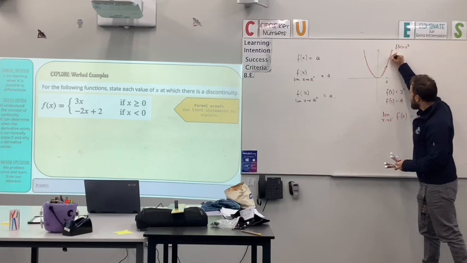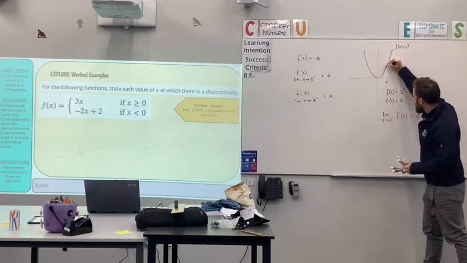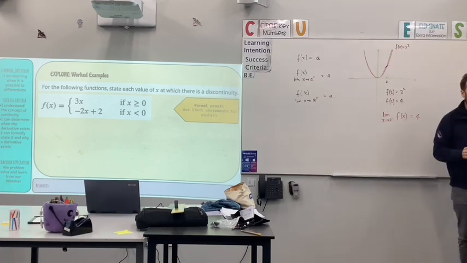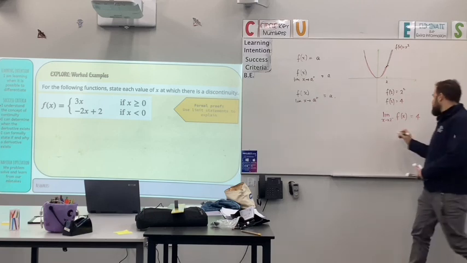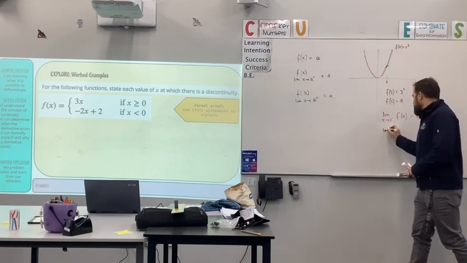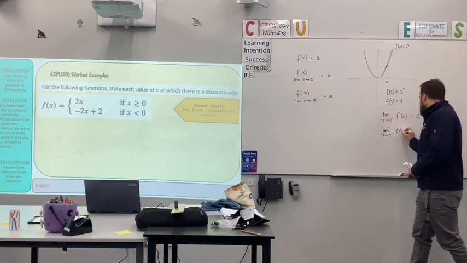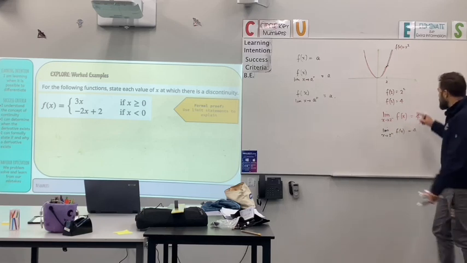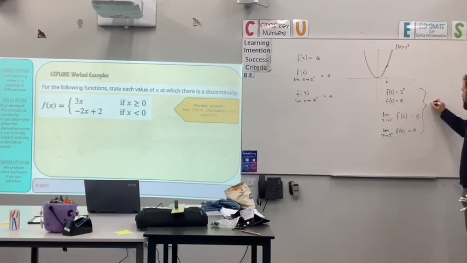As I approach 2 from the right-hand side of the graph, am I going to the same spot? Yes, of course I am, because we know this graph is continuous. So if these three things occur, therefore, f of x is continuous at x equals 2.